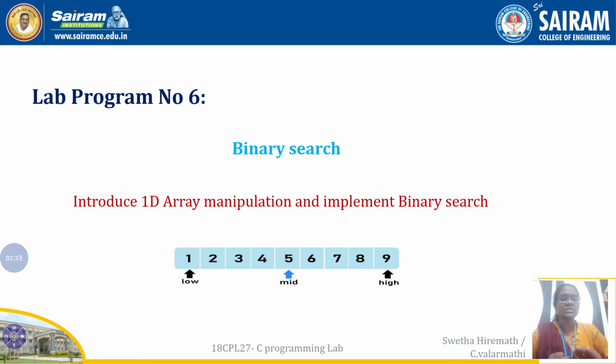Initially, before performing the search algorithm, these fields are initialized. The low variable will be fixed at the first element of the array. Then the high variable will be fixed at the last element of the array.